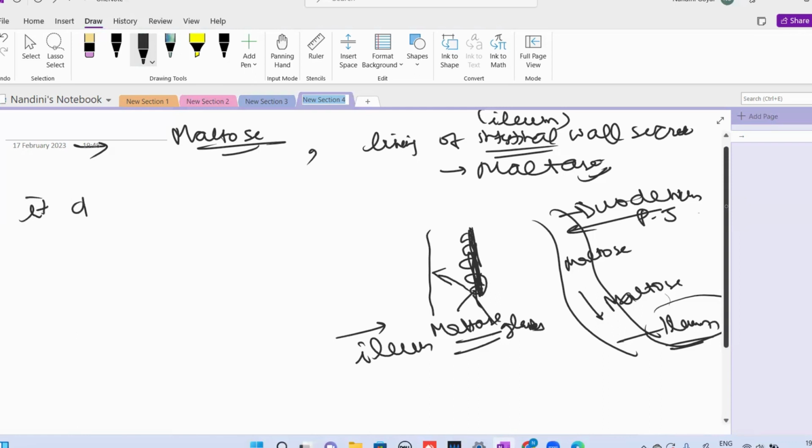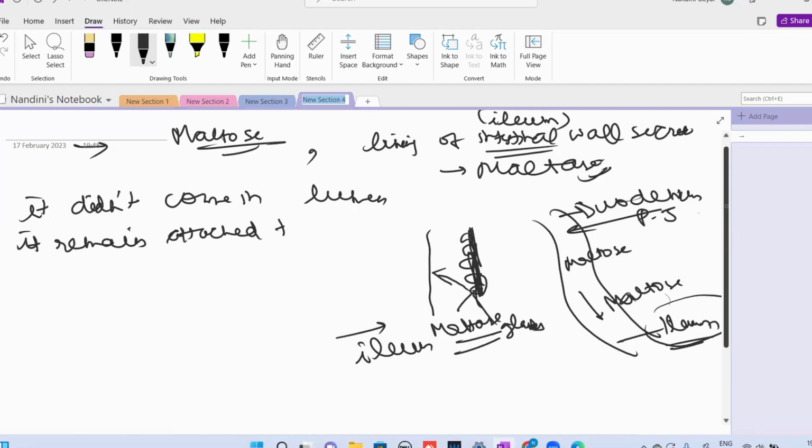It remains attached to the cell membrane of this gland. So maltase enzyme is not secreted into the lumen. It remains attached to the surface or lining of that epithelium.